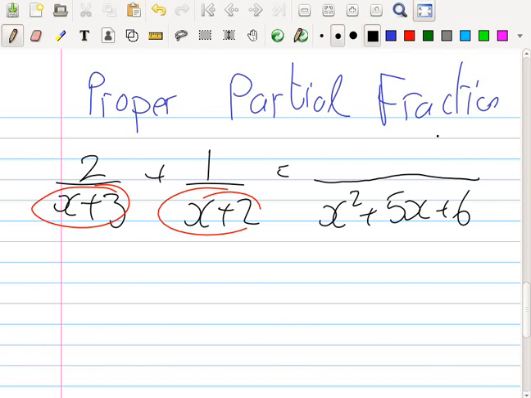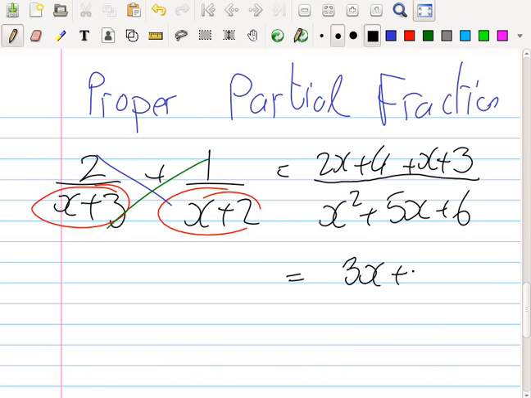And then we do a cross here. So that would be 2x plus 4, and then we do a cross here, plus x plus 3. So in total, what do I get on the top? 3x plus 7 over x squared plus 5x plus 6.